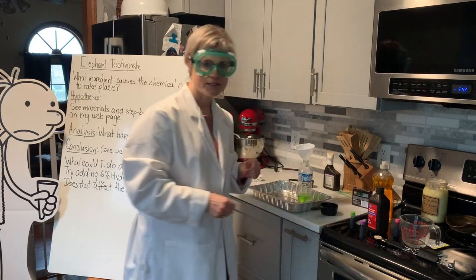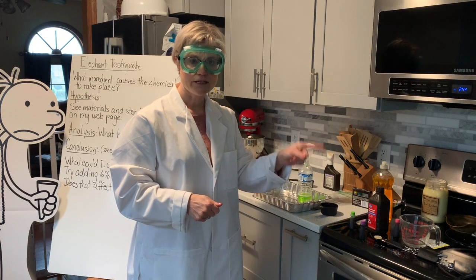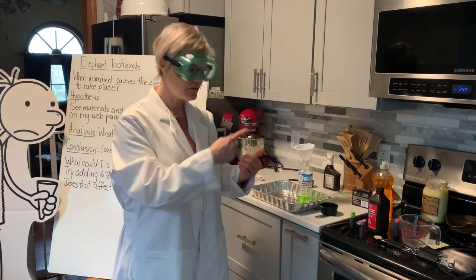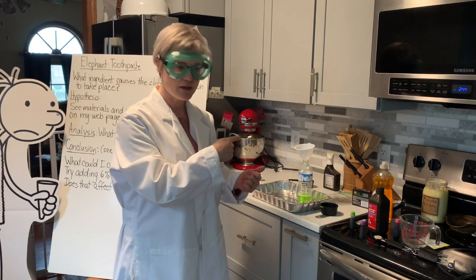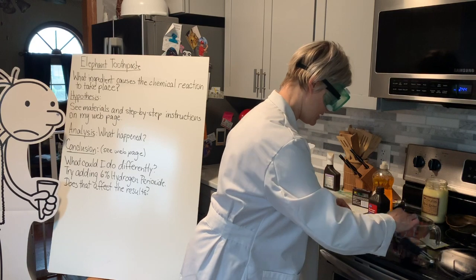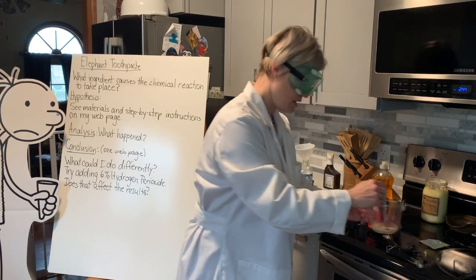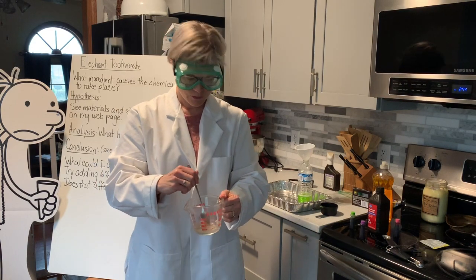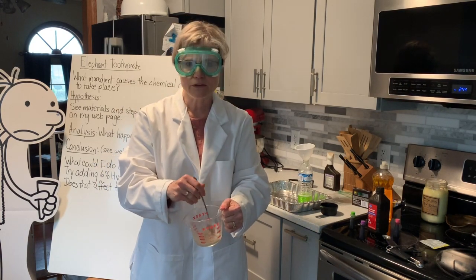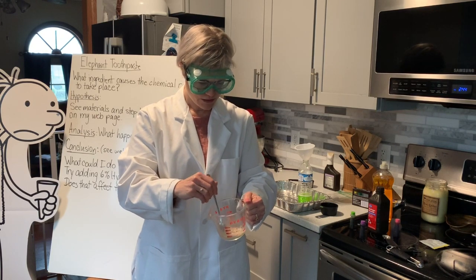So my next step is to put my yeast in with the water, and I need to put that in the water and stir and make sure it's really combined before I put it in with the other ingredients. So I'm going to go ahead and put that in and stir this up, and I want to make sure that it's pretty well dissolved before I put it in there so it's not real lumpy or anything, and it'll be ready to go.